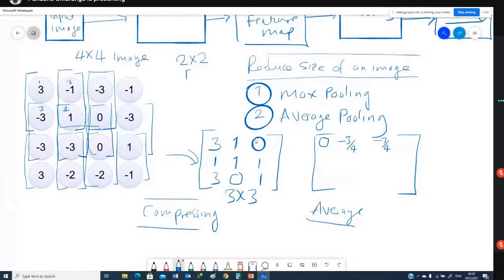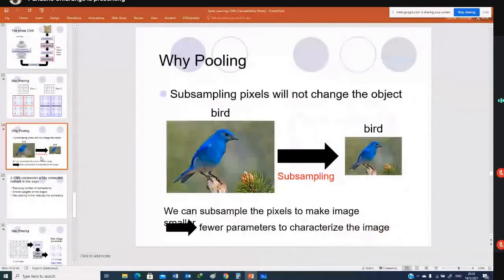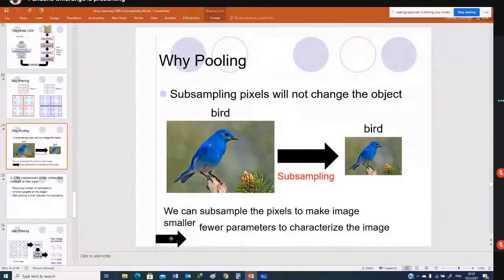Yes, Doc. So what that does is pooling, also called subsampling, will not change the object that is contained in the image. All it does is reduce the size of the image to a smaller image, so that you've now got fewer parameters characterizing the image.